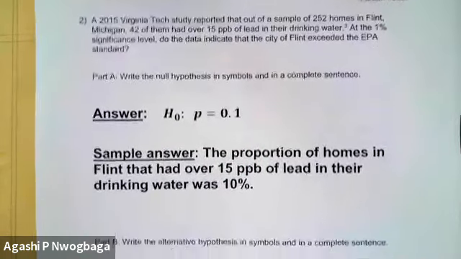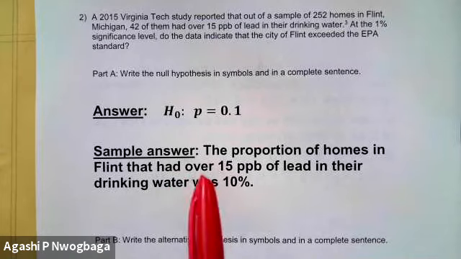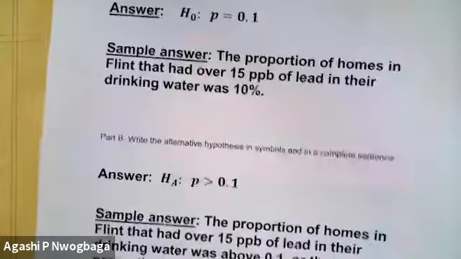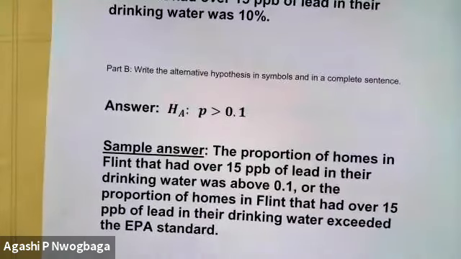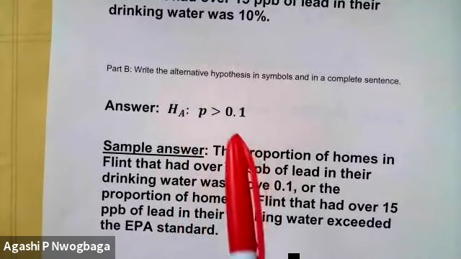Part B: write the alternative hypothesis in symbols and in a complete sentence. This time we want the alternative hypothesis. Since the null hypothesis says p equals 0.1, in this case the alternative hypothesis is HA, A for alternative, p greater than 0.1.